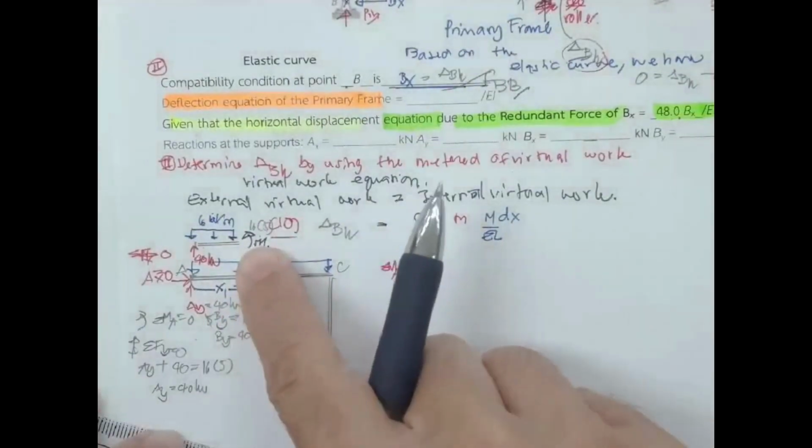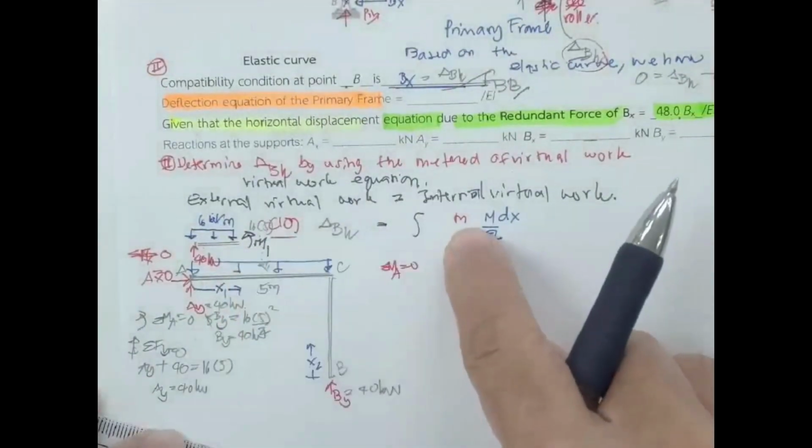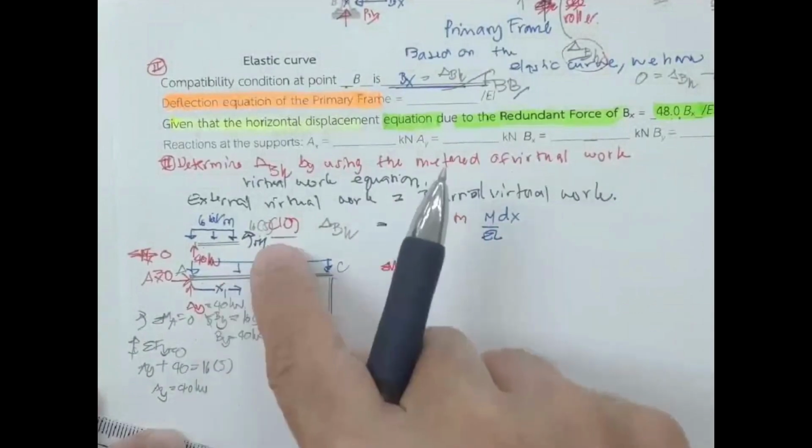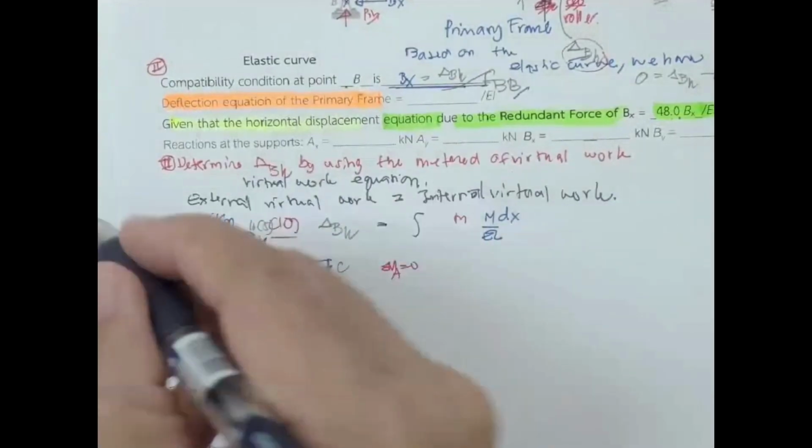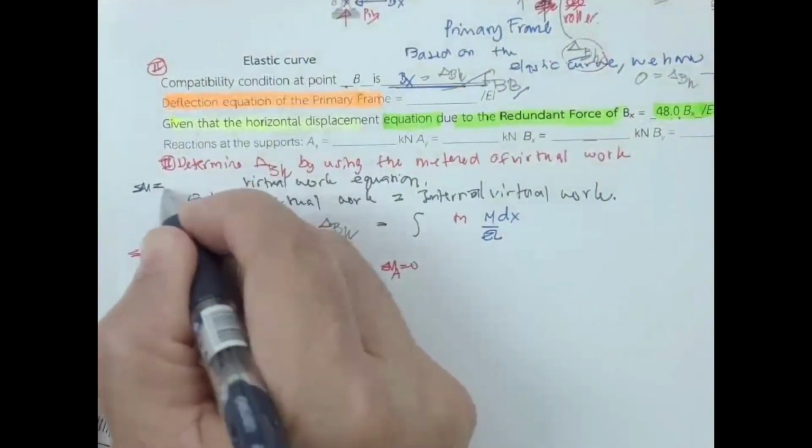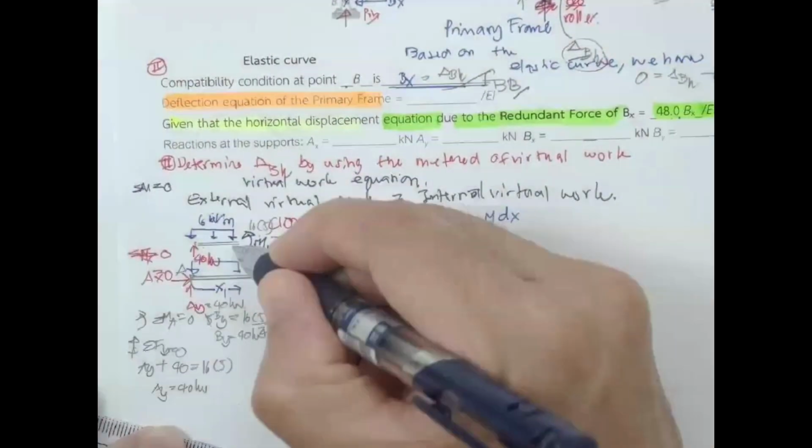You have to select a small m based on the same coordinate and the same moment. So summation moment equal to 0 over here.